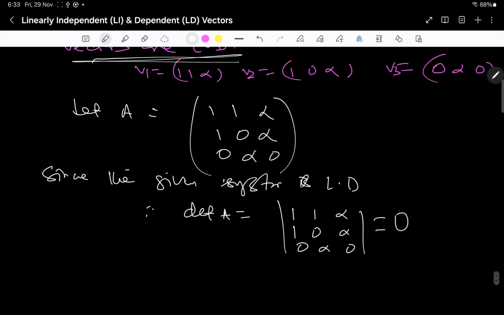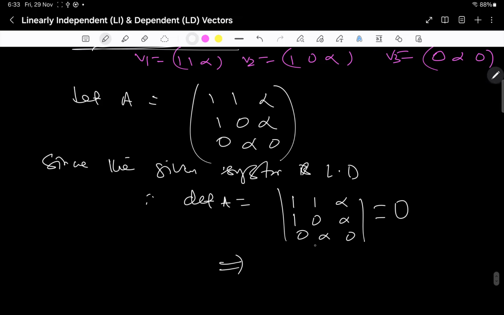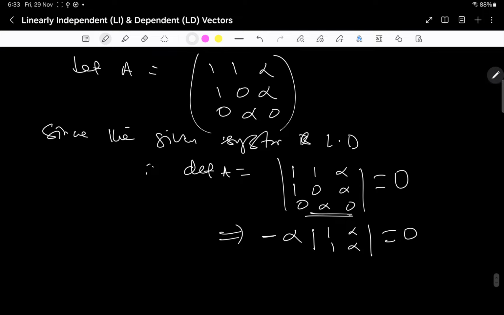If we evaluate this determinant by the third row, I am taking minus alpha into the minor with 1 alpha, and this is equal to 0, right?